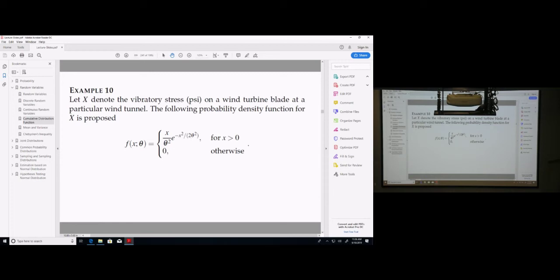People from science or engineering principle come up with the form of this density function, and then it involves some unknown parameter, so usually people use data to estimate the theta. And after estimating the theta, there is a decision level, that is the hypothesis testing. Is that theta equal to a particular theta that you want to use? So you want to make a decision whether this is the right theta.